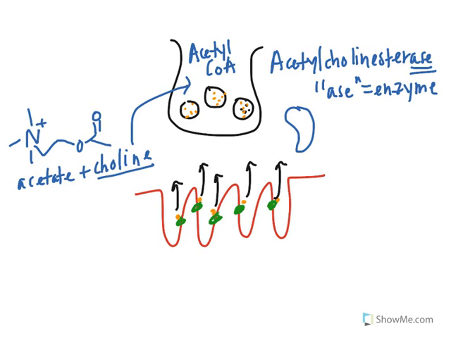So, what do you think happens if you block the activity of acetylcholinesterase with an inhibitor? So if that happens, you block the enzyme, you block the ability to remake acetylcholine, and what you end up with is that the acetylcholine neurotransmitter stays in the synaptic cleft longer, allowing it to continuously bind the receptors instead of getting broken down and recycled.